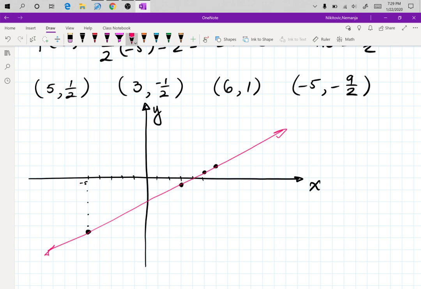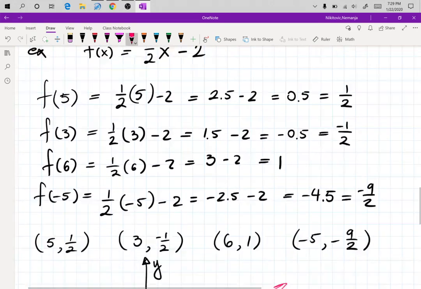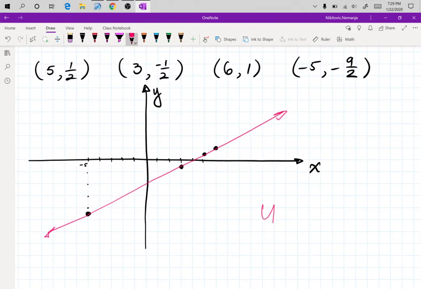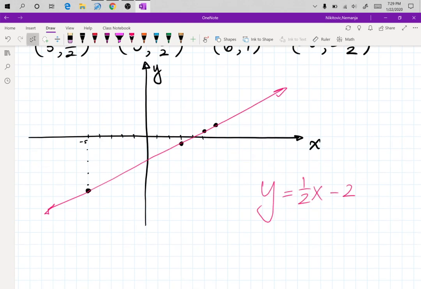So this is one of the ways of graphing. Now you say, hold on, I learned the proper graphing, right? In algebra, I know that I can use my y-intercept and count the slope. Yes, sure. What is the problem? 1/2 x minus 2. Your 1/2 is a slope, which is rise over run.